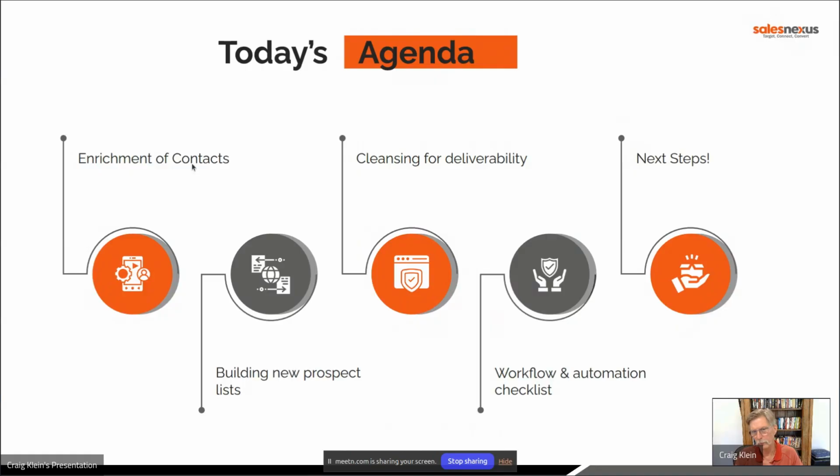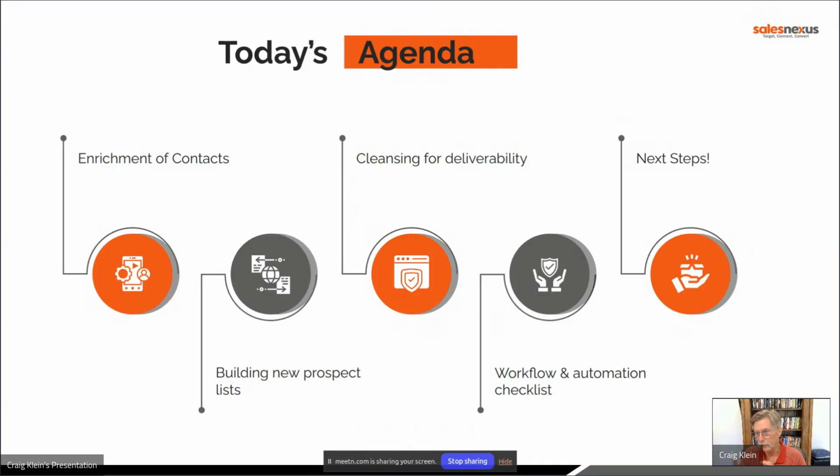Today, what we're going to cover is enriching contacts, so taking the list that you already have and making it more comprehensive and accurate. Then building new prospect lists, so sourcing new leads, essentially new contacts.